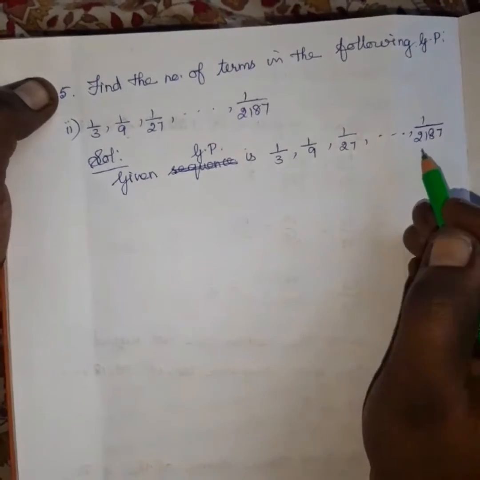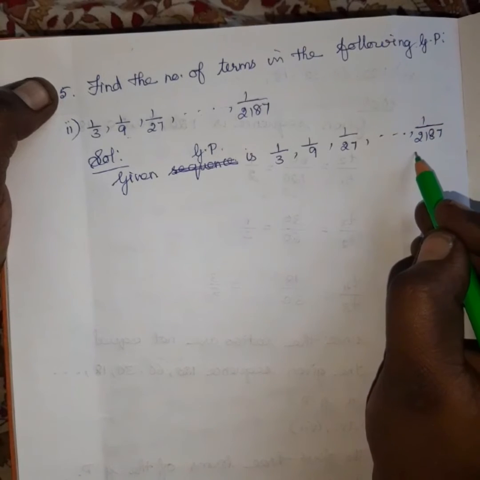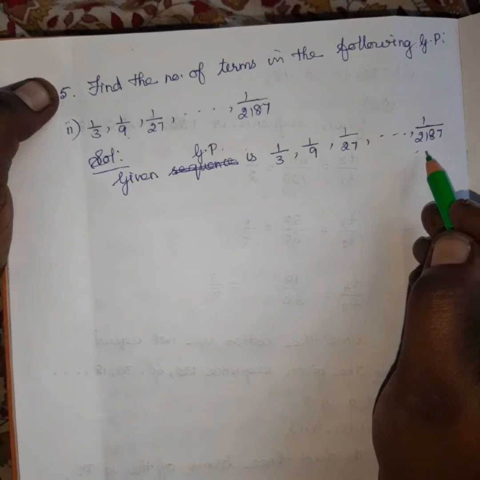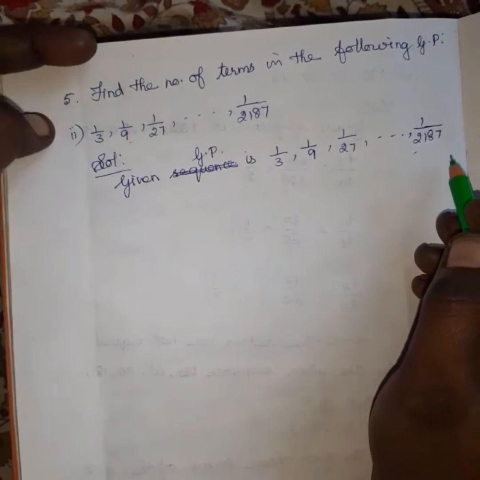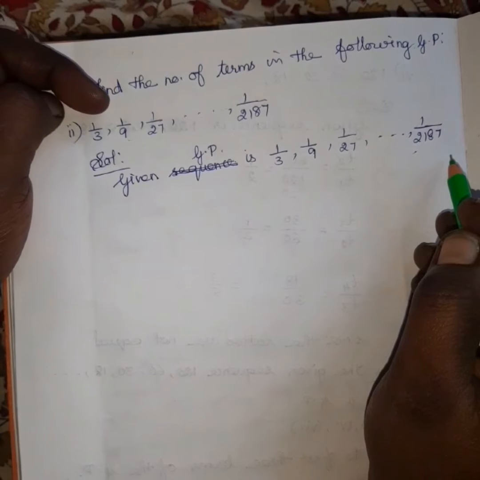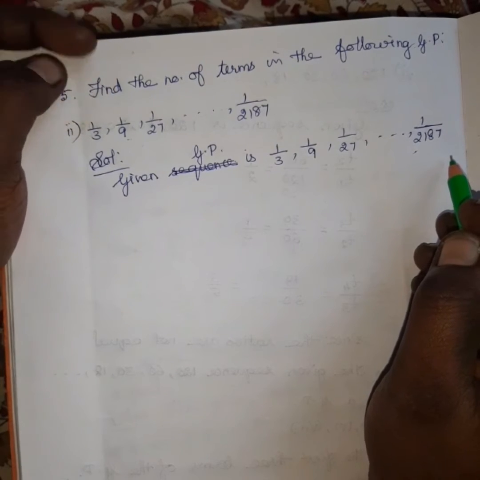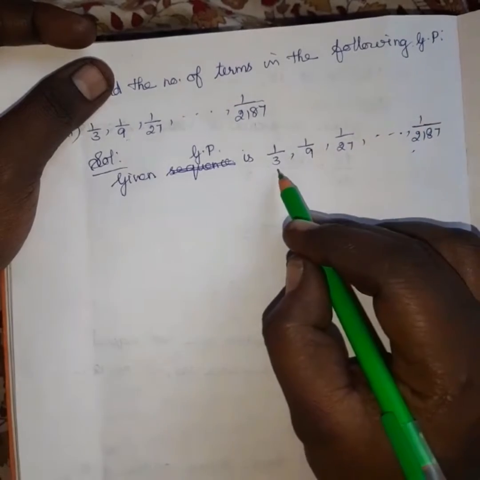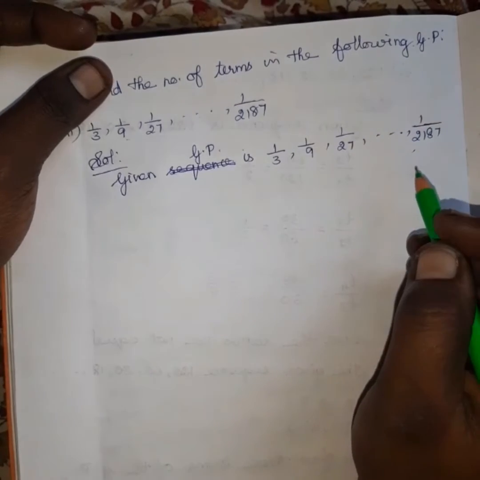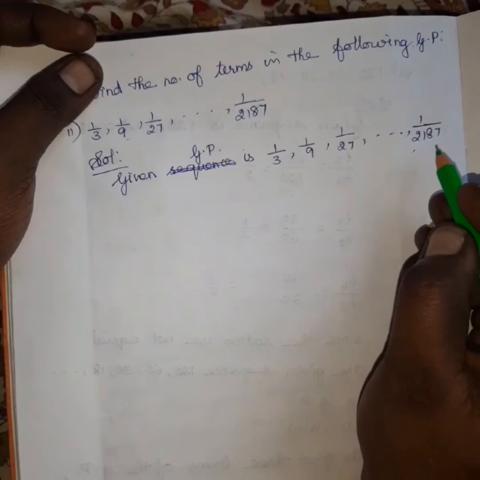Then we can apply this 1 by 2187 as the nth term, that is Tn. Okay, what is the formula to write the Tn? Tn equal to a into r power n minus 1. So apply all that using the Tn formula, this a value and r value, and find out the number of terms.